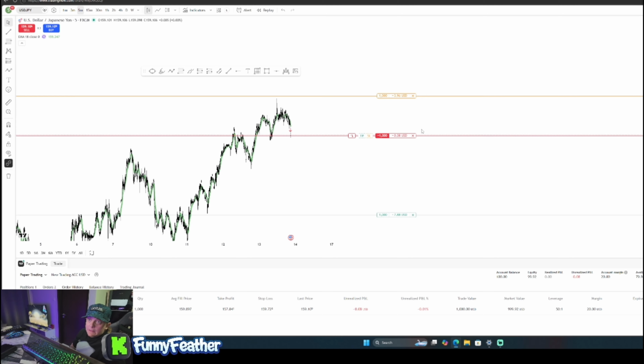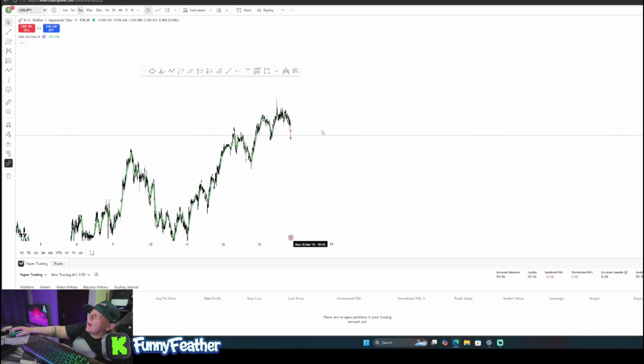Okay, so that is a market order. Let us close that for now, because I'm just giving examples. Market order, close position. Now for example, maybe we think it's going to sell, but now we want to have a limit order over here.